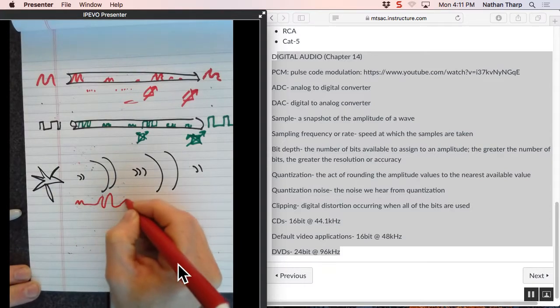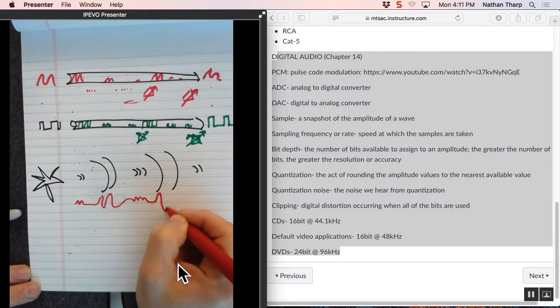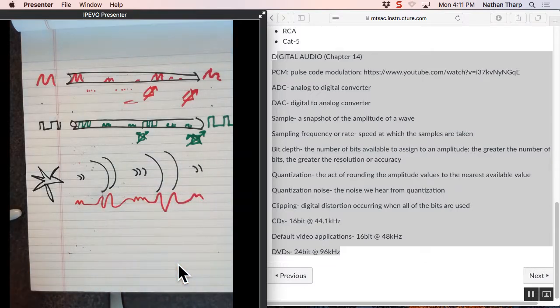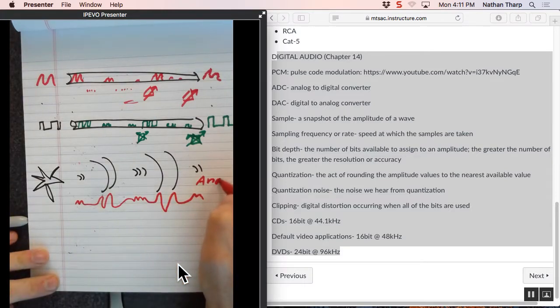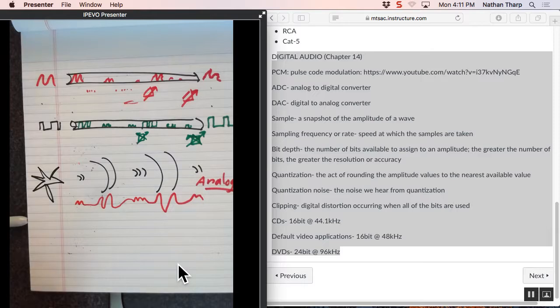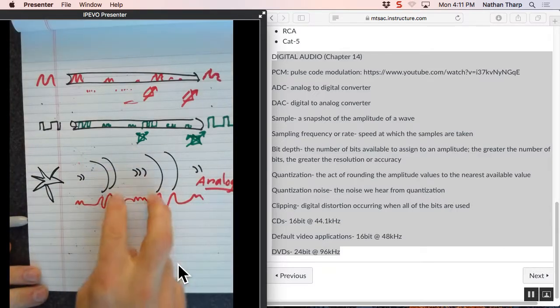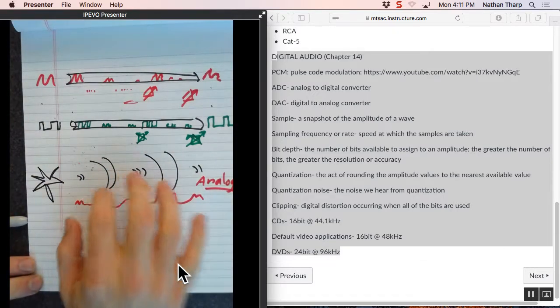It'll look a lot like this. I tried to make it so that these lined up with those waves in the air. So if this acoustic energy gets converted to voltage, this voltage is called an analog. An analog of the real world, because it looks similar to the original real world situation.